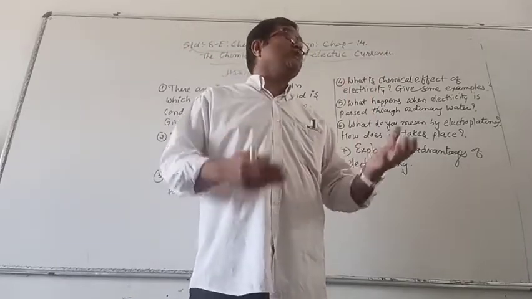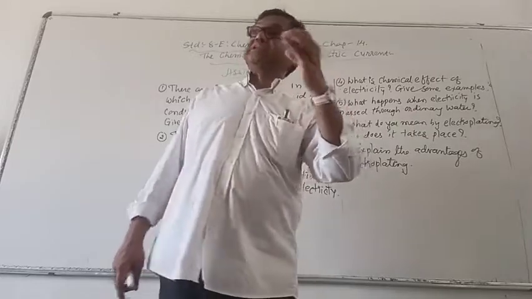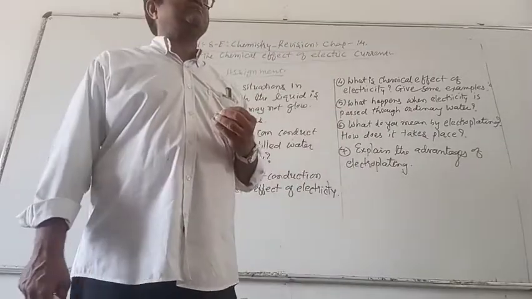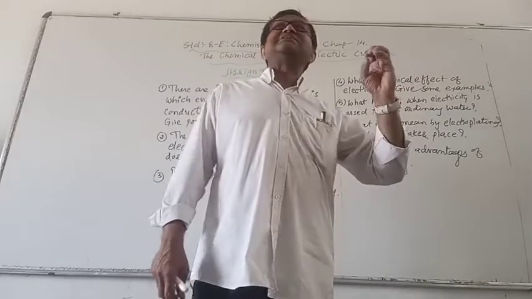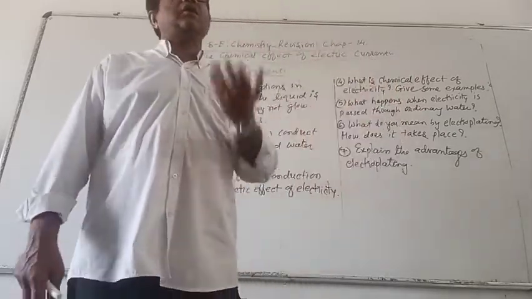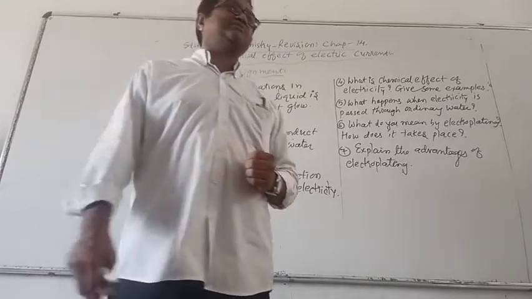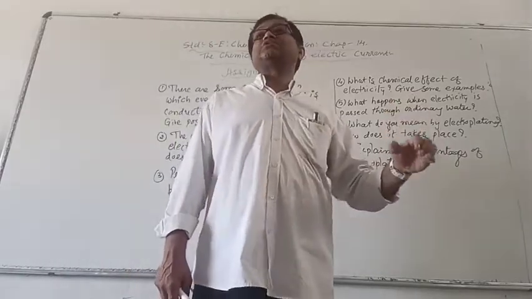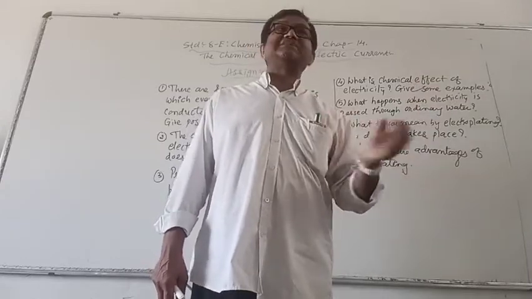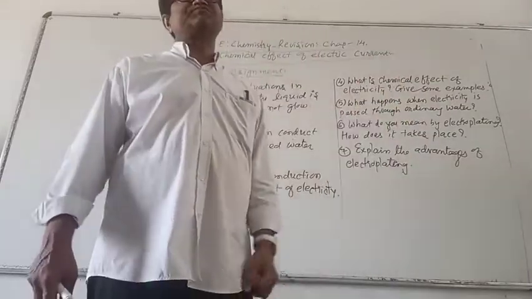What can we do with electroplating? Generally, electroplating is that we can make a layer of the desired metal on other objects, and we use the current to do that, and that is known as electroplating.